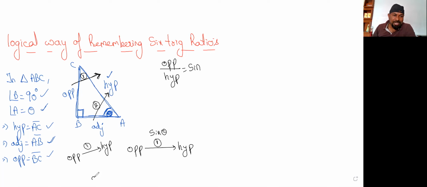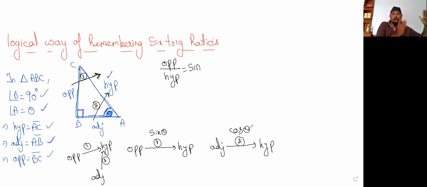From adjacent, we go to hypotenuse, and I call it cos theta. So first, opposite to hypotenuse; next, adjacent to hypotenuse.